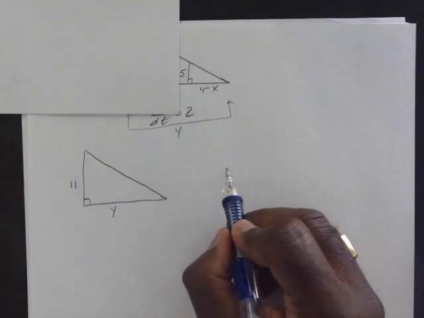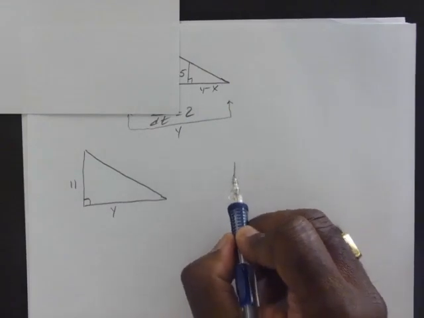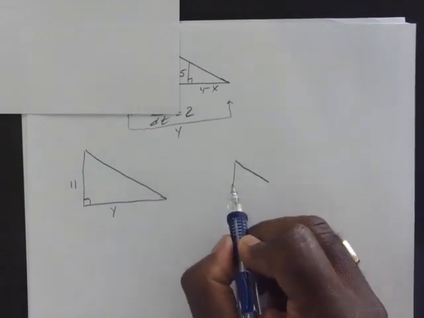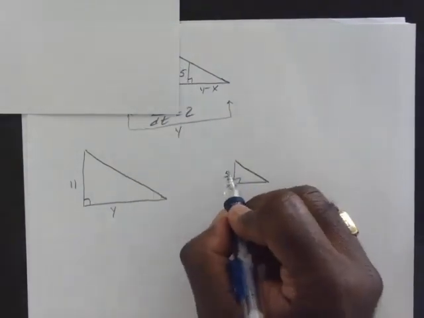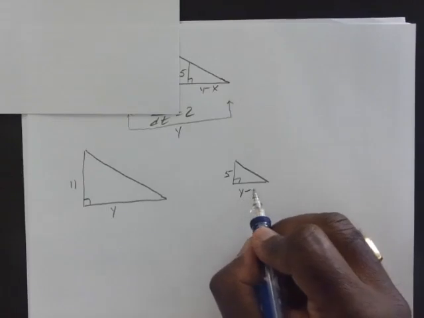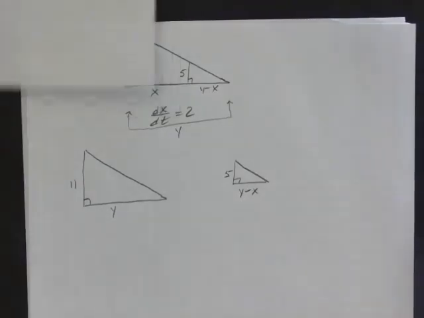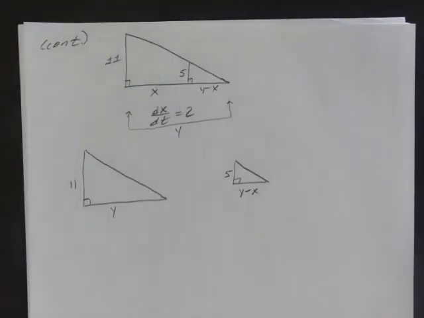If we compare that to the smaller triangle, the height of this one is 5, and this one is y minus x. These two triangles have a similar shape, which means that they're proportionate to each other.